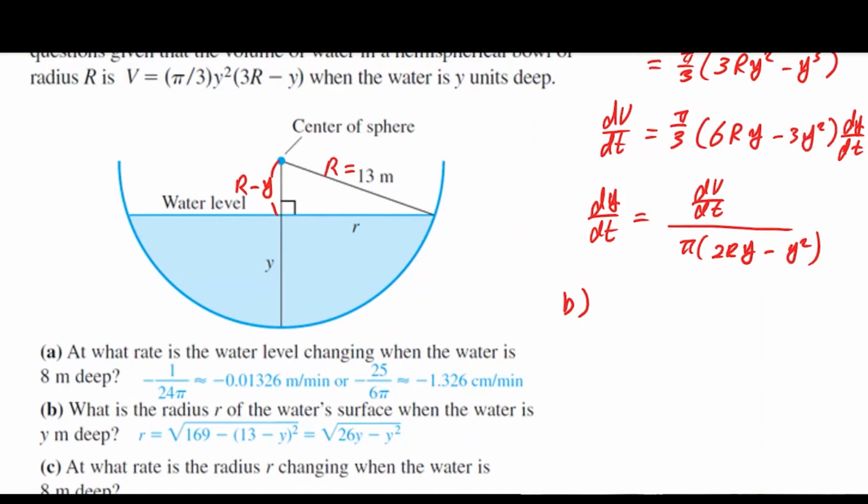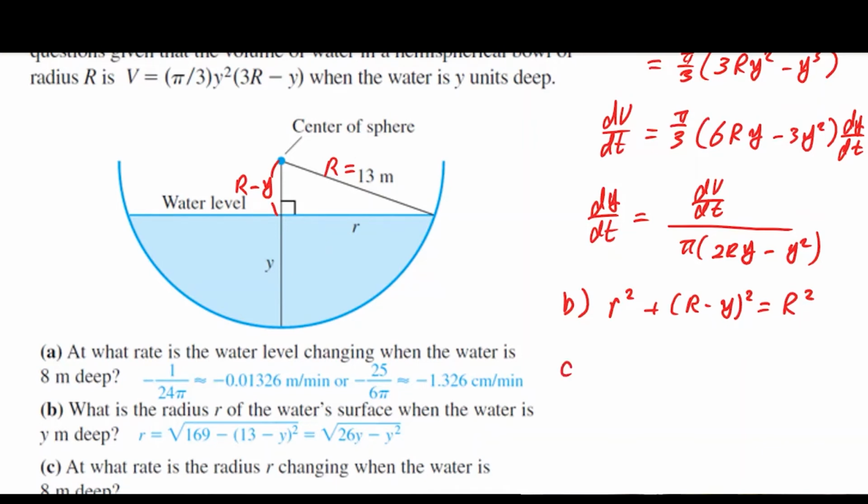So what we have is r squared plus (13 minus y) squared is equal to 13 squared. I mean, you can send it over and take a square root, but no. We're just going to take a derivative of this thing. Good?